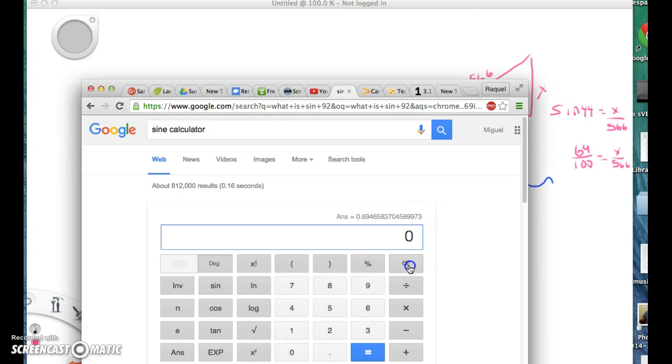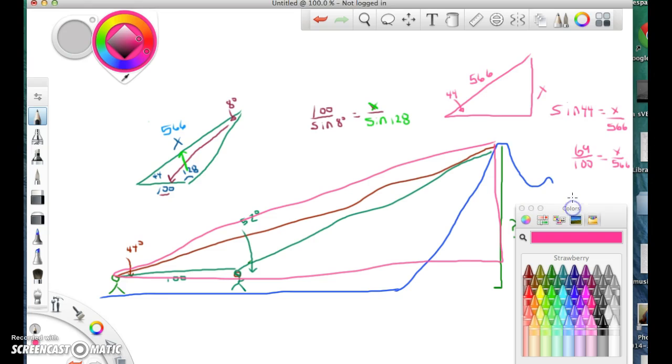So we got 69, or you could even say 0.69. 69 times 566, and divide that by 100, is 390 feet. Or you could do 0.69 times 566, 390. So therefore x equals 390 feet.